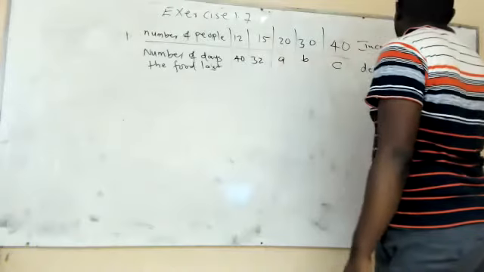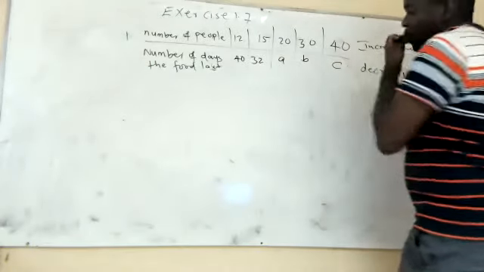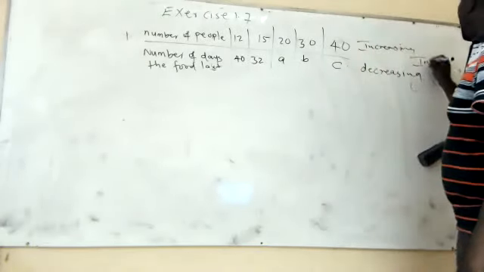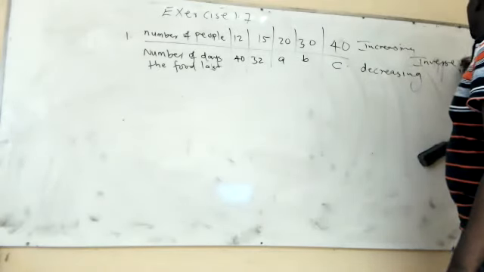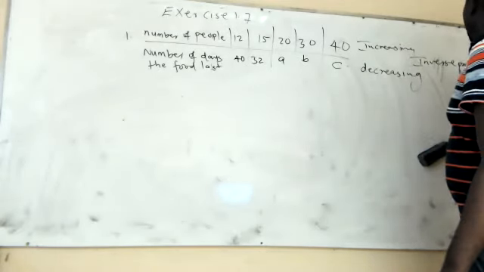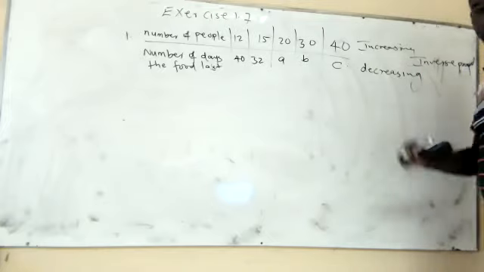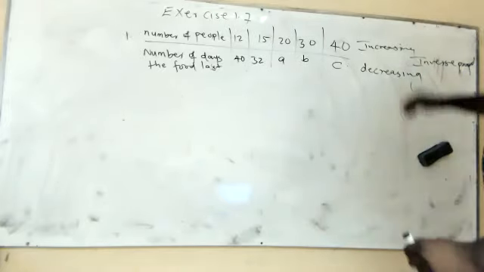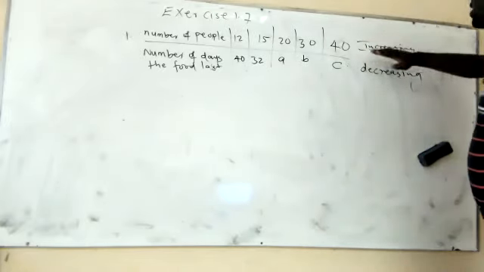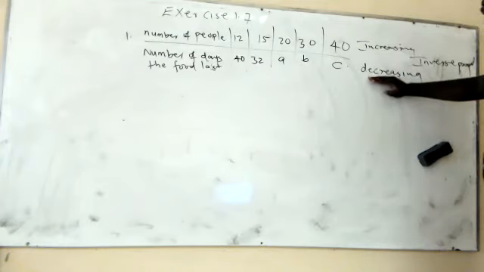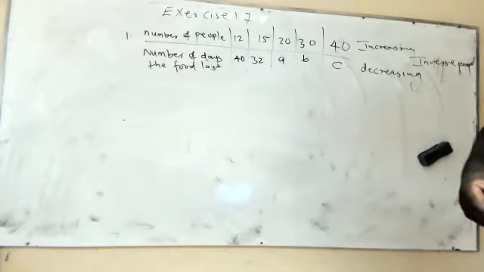So now that is a good sign from which you can conclude that we have what is called inverse proportion. Why? Because the number of people increases while the number of days the food lasts is decreasing.